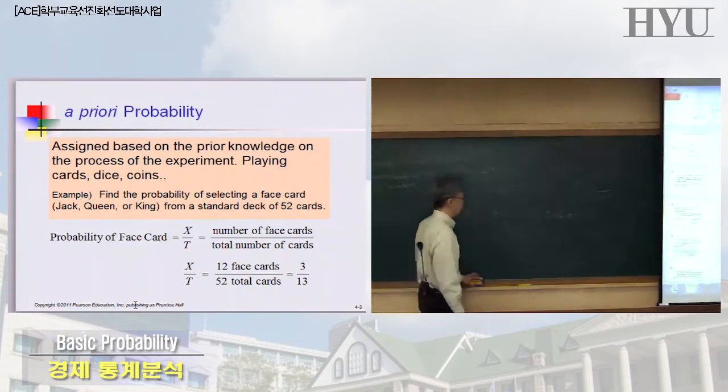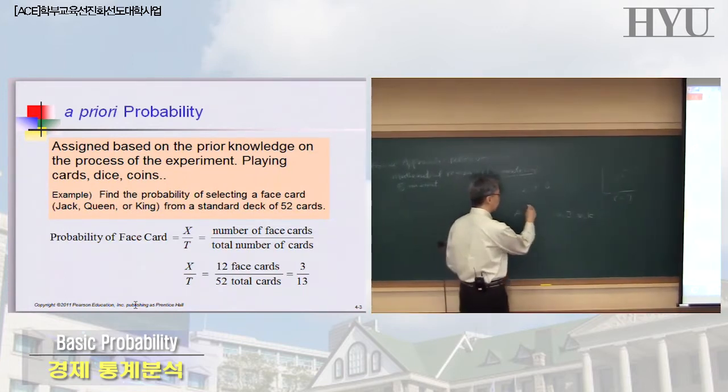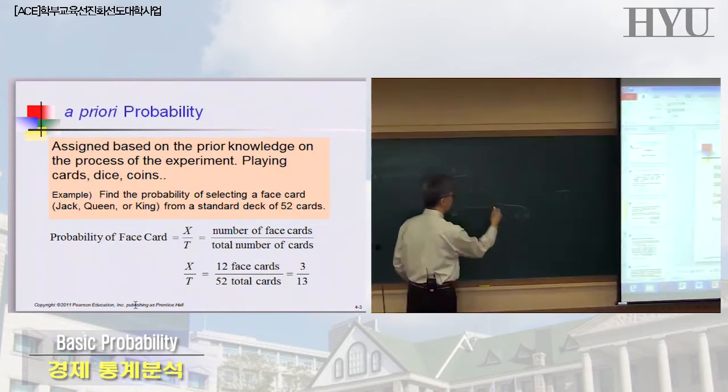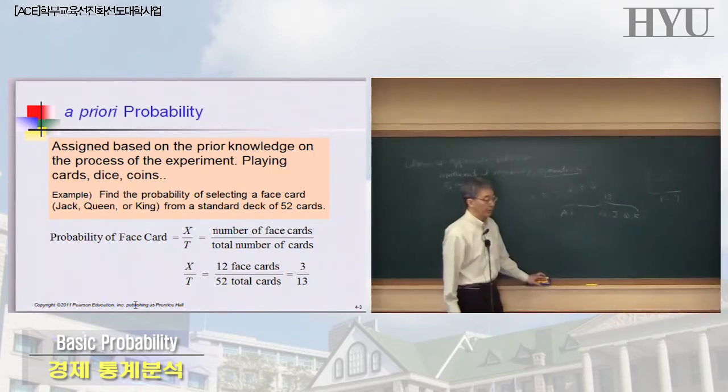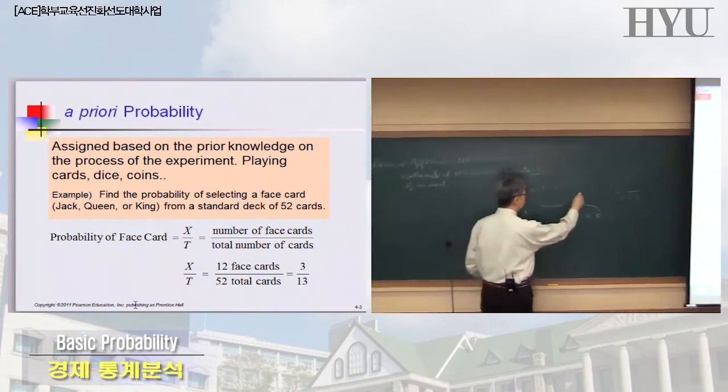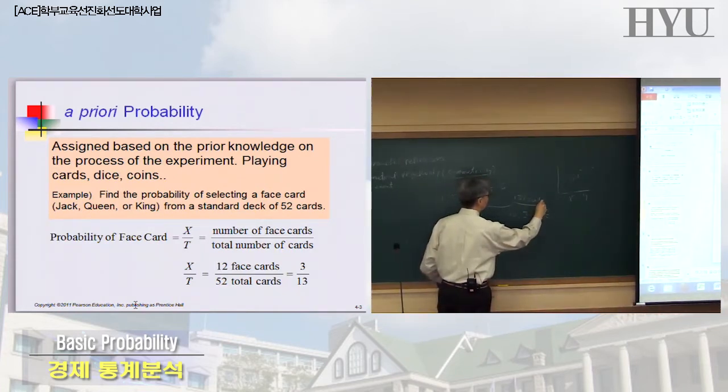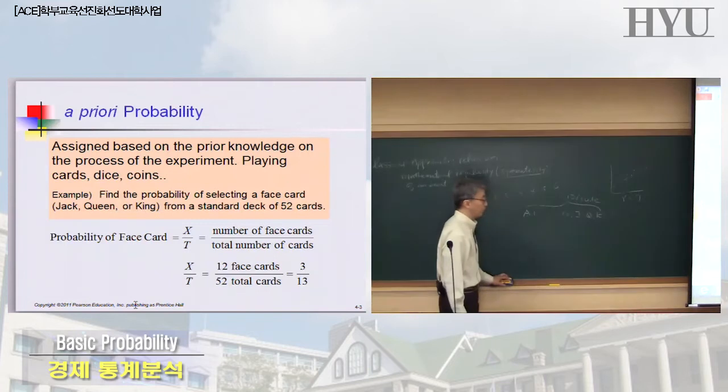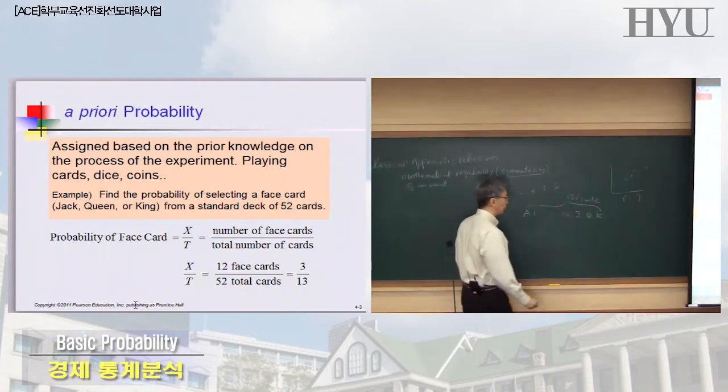So we have a total of 13 cards in each suit. And there are 4 different suits, you know, right?